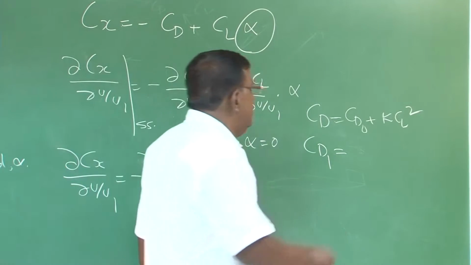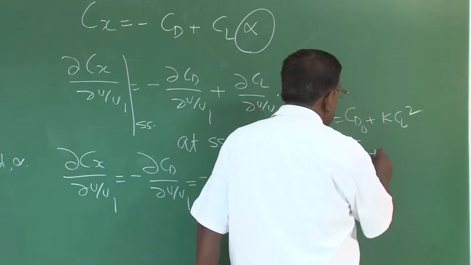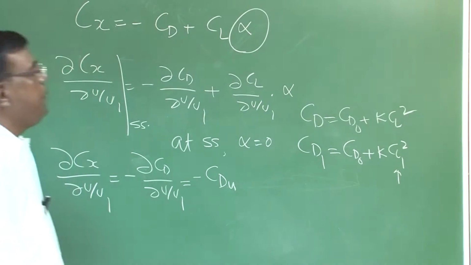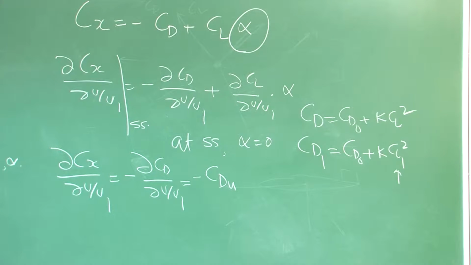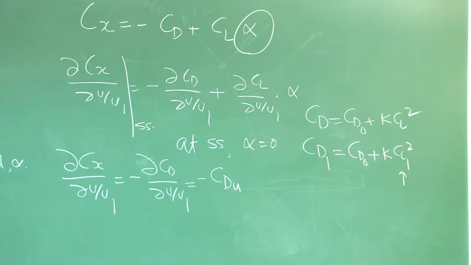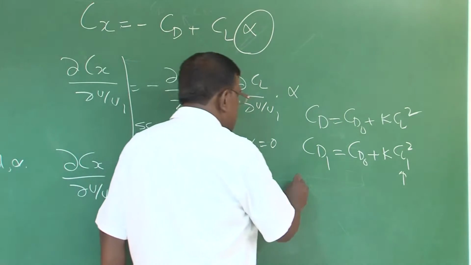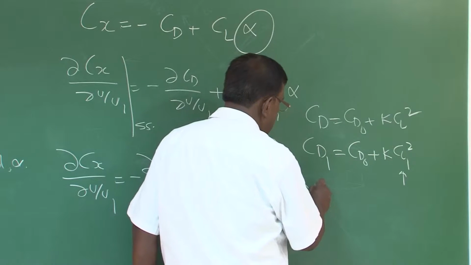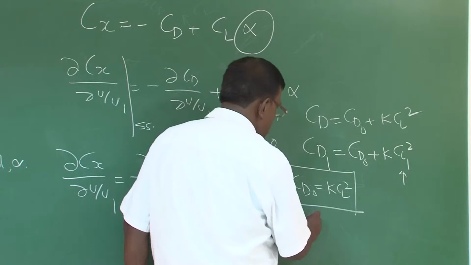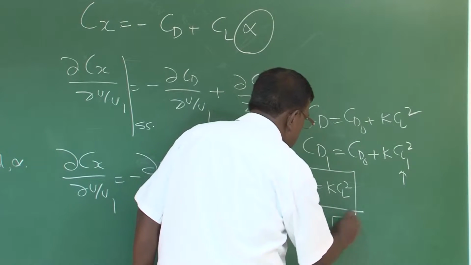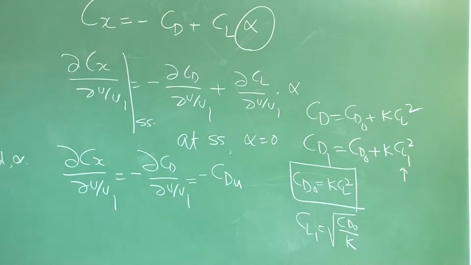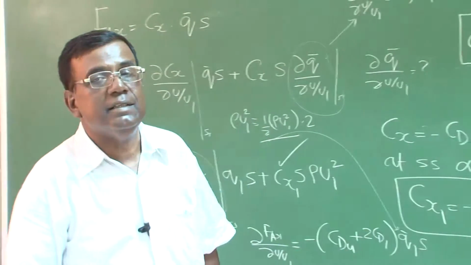So at cruise, the question is what was the CD naught value and what is the value of CL1 with which it was cruising. For example, if it was cruising at a minimum thrust required condition, then you know that CD naught equals KCL square, and you can easily know CL1 is nothing but under root CD naught by K. That is the cruise condition, the condition at steady state for our case.